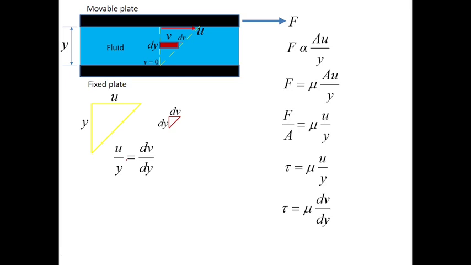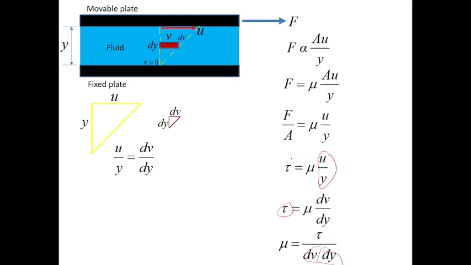So, we can therefore say that u over y can now be represented by dv over dy, no? It can now be represented by dv over dy. So, therefore, the absolute or dynamic viscosity can be solved by dividing the shear stress to dv over dy.